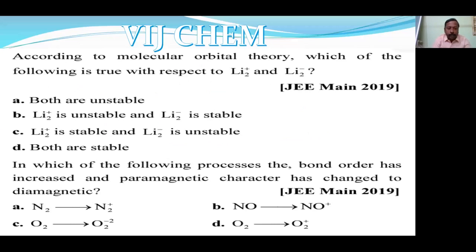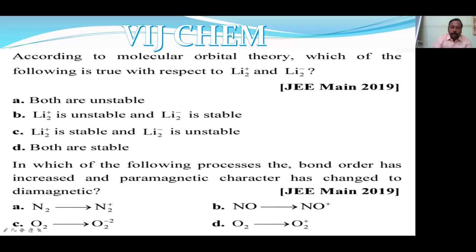Bond order should increase and paramagnetic to diamagnetic. You can compare and answer. So here both properties are matching in the B option. So the answer is B option.